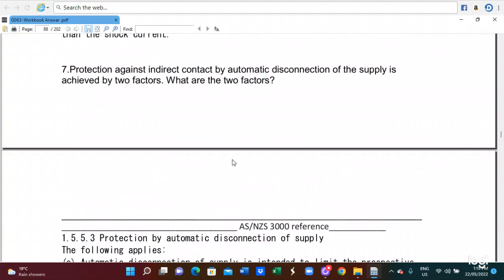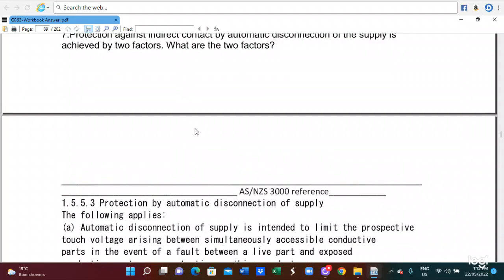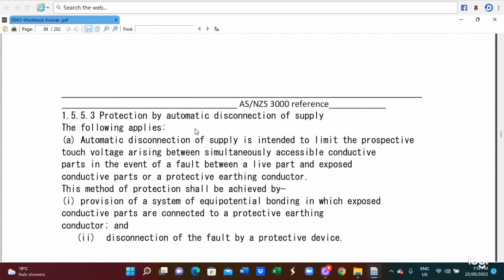Protection against indirect contact by automatic disconnection of supply is achieved by 2 factors. What are these 2 factors? This is 1.5.5.3. In this case, automatic disconnection of supply is either to limit the prospective touch voltage arising simultaneously between accessible conductive parts in the event of a fault between the live part and the exposed conductive part of the protective earthing conductor.